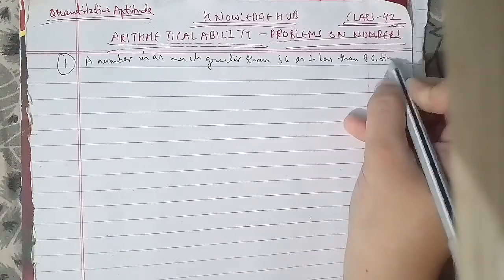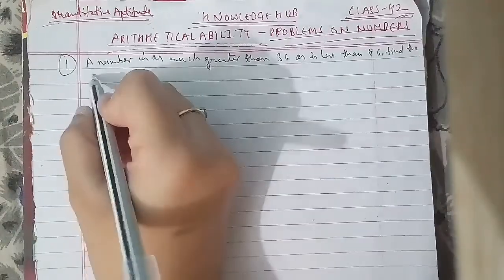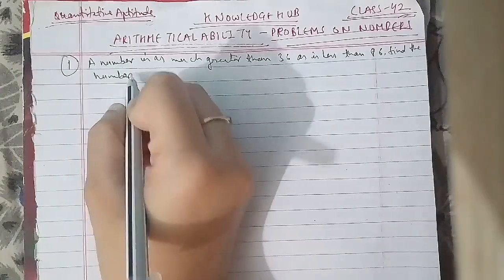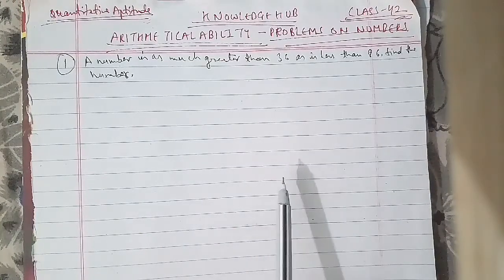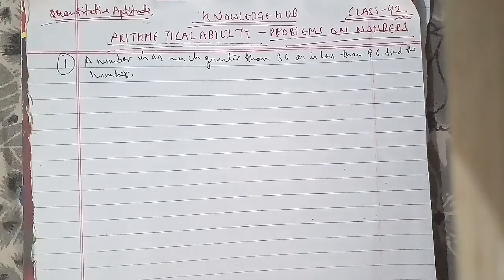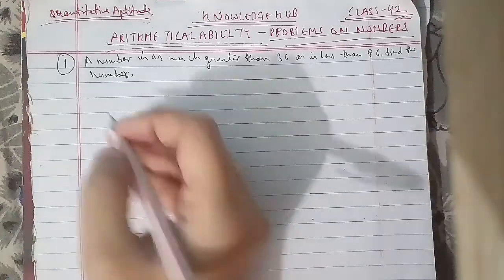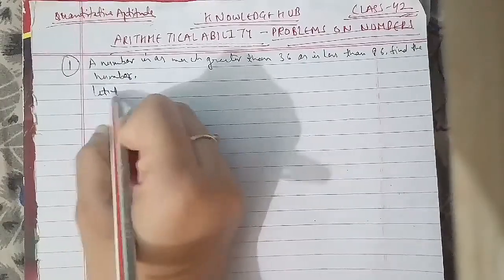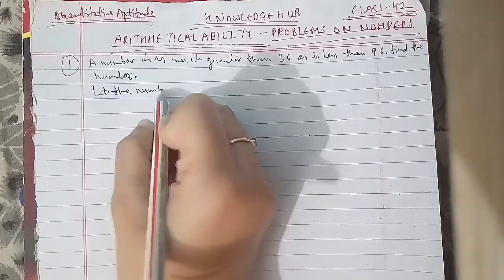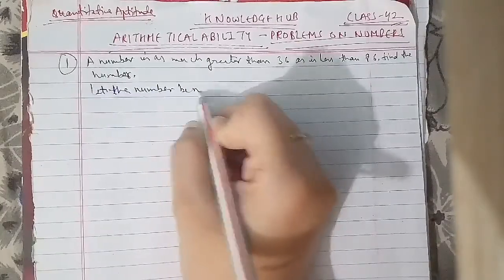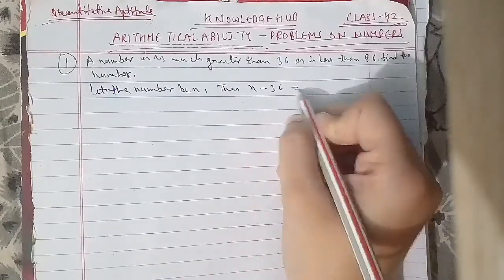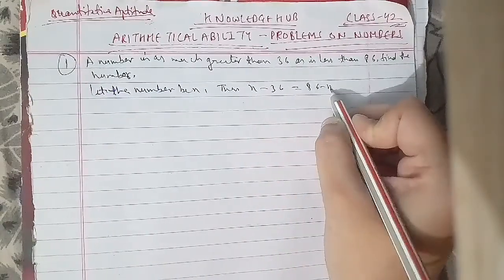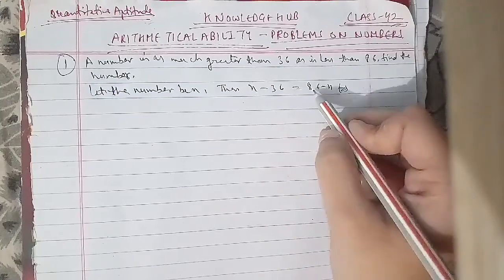Let the number be x. Then x minus 36 equals 86 minus x, so 2x equals 86 plus 36. The minus x moves across and becomes 2x, and the minus 36 becomes plus 36.